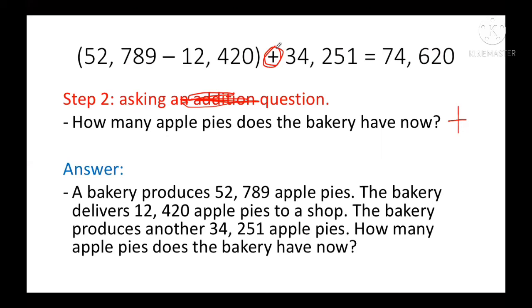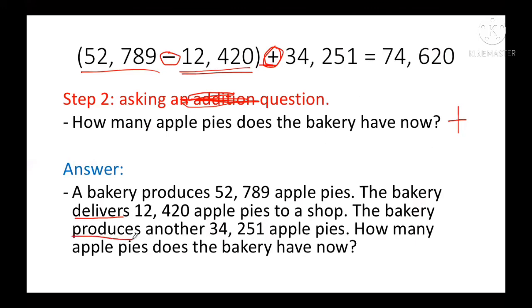A bakery produces 52,789 apple pies. That's the first number, correct? Then the bakery delivers. Deliver means take away. So the bakery delivers 12,420 apple pies. That is the second one. How can we insert this plus? The bakery produces another.